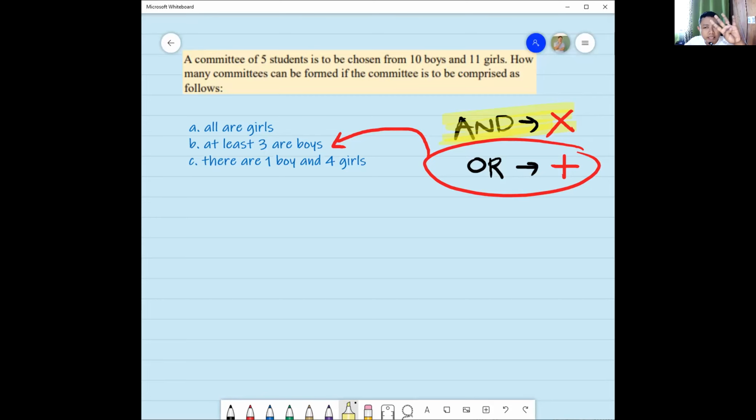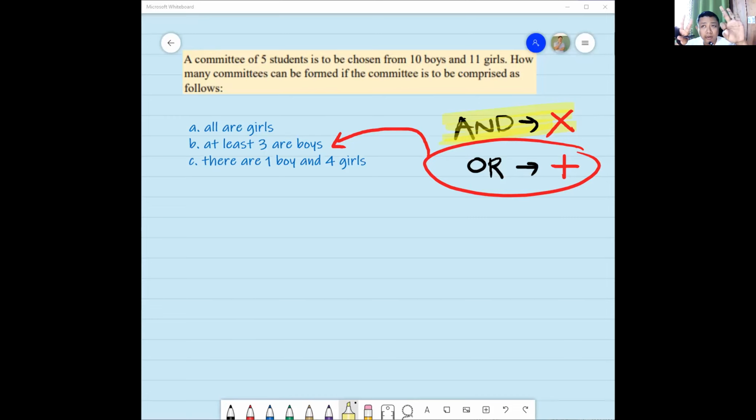But is it also possible that there will only be 5? There will be 5 boys. There will be all boys in the committee. Yes, very good. Okay? And so, this is how we will do this. We will have 3 cases here. Kasi in the first case, it's possible that there are 3 boys and 2 girls.